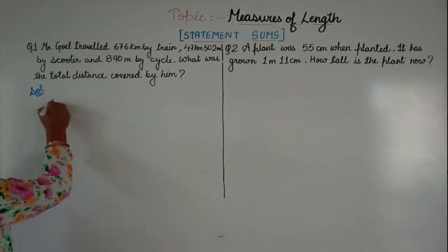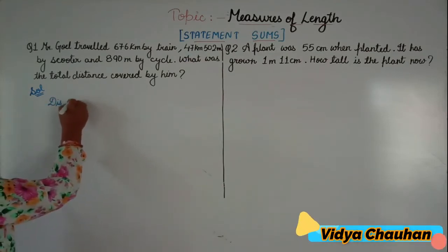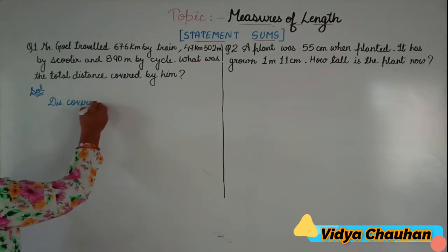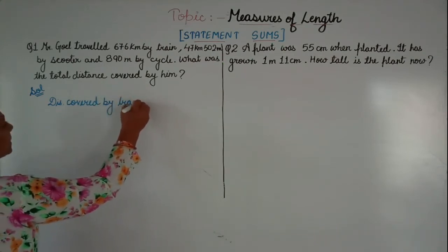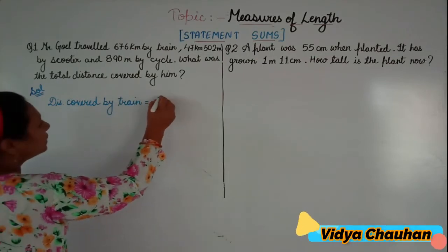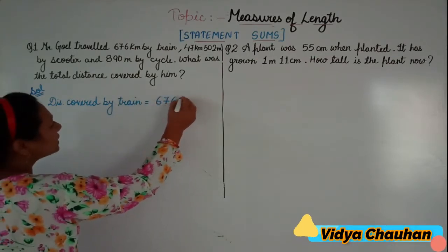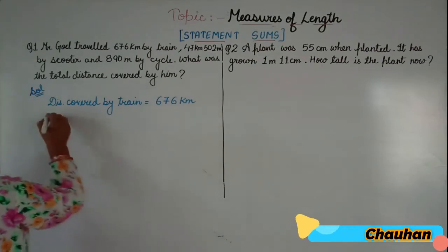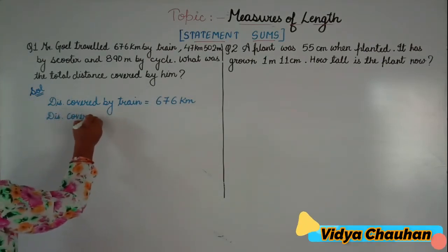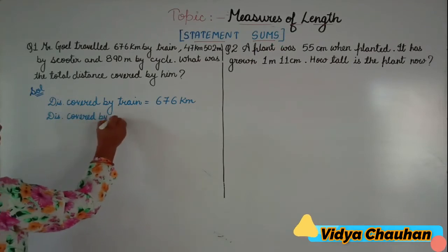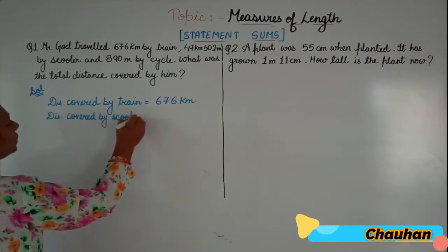Very first, distance covered by train. How much distance is covered by train? The distance covered by train is 676 km. Secondly, distance covered by scooter. How much he covered by scooter?